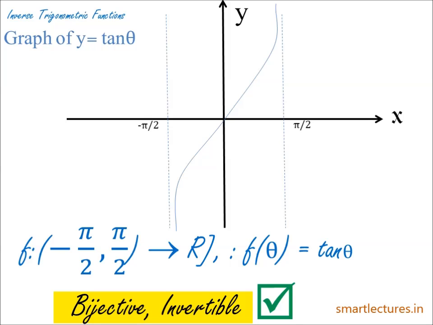Also remember, this is an open interval and the endpoints minus half pi and half pi are not included in the domain. And now to obtain the graph of y is equal to tan inverse x, we shall interchange the x and y axis.